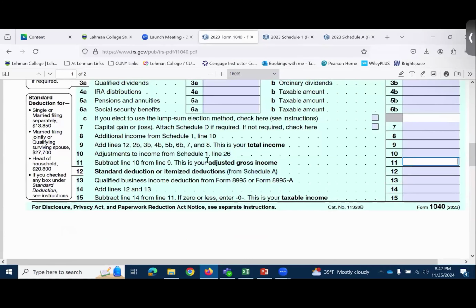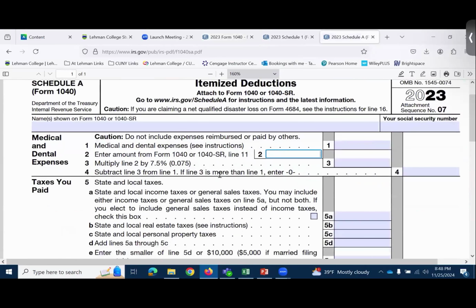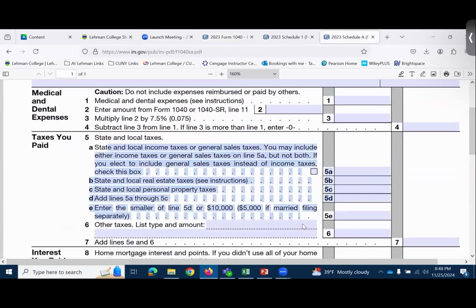So it's really important that you have as many deductions and everything correct for your AGI, because this AGI is needed to be calculated before we can do other calculations on Schedule A. We're going to go over different taxes that you pay, state and local income taxes or general sales tax, real estate taxes, personal property taxes. You're going to add them all up.